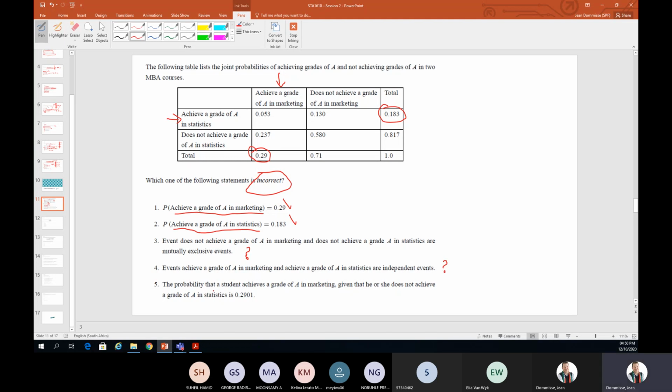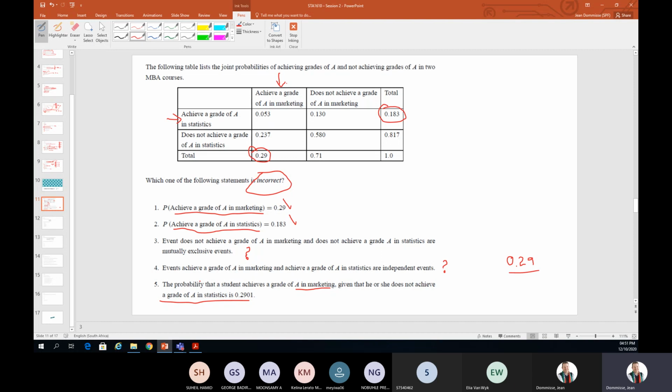The probability that a student achieves a grade of A in marketing, given that he or she does not achieve a grade A in stats. Okay, so basically achieving a grade A in marketing, that's quite interesting.